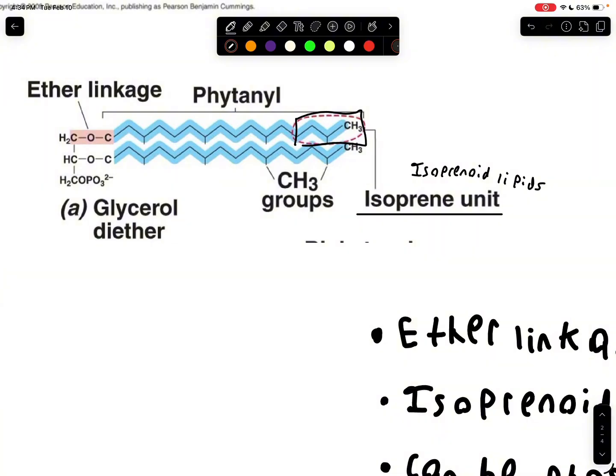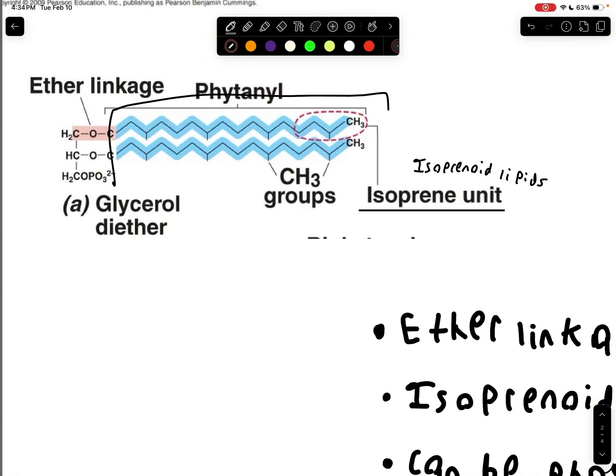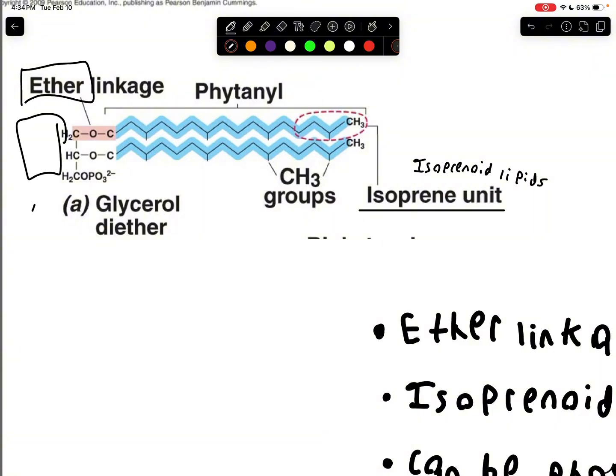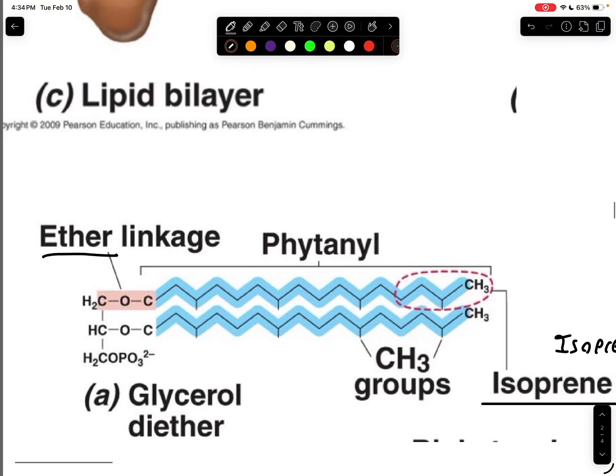You can see the isoprene unit over here, but you don't have to worry about it. This right here is our fatty acid. This is now an ether linkage, not an ester, an ether linkage. As you can imagine, the glycerol is over here. If you don't remember what the glycerol was, it's right here, this green part that connects the phosphate to the fatty acid. Now they're connected by an ether.